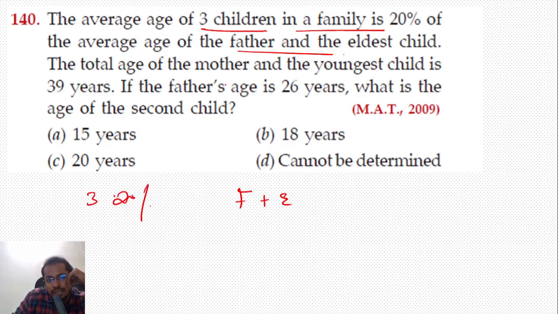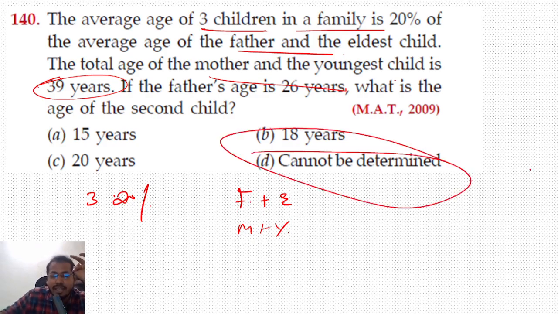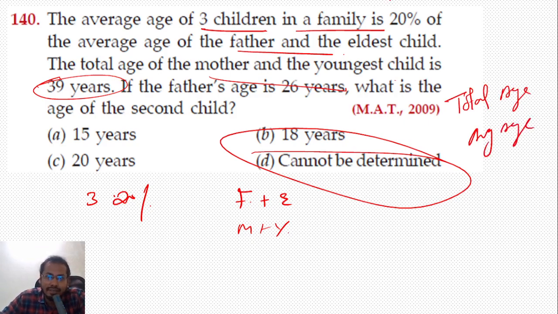And the total age of mother and youngest child is 39. If the father is 26, what is this? So it will be data cannot be determined, or data inadequate, because I need the total age or average age. இது இல்லாம 20% நான் எடுக்க முடியாது, 39 years யூஸ் பண்ண முடியாது. So answer is that.